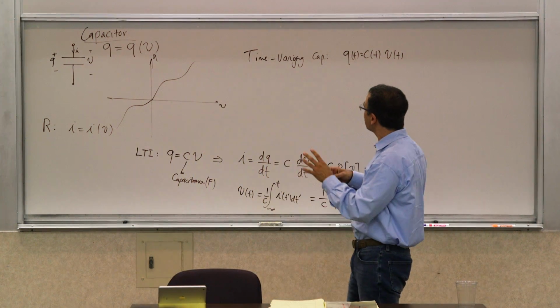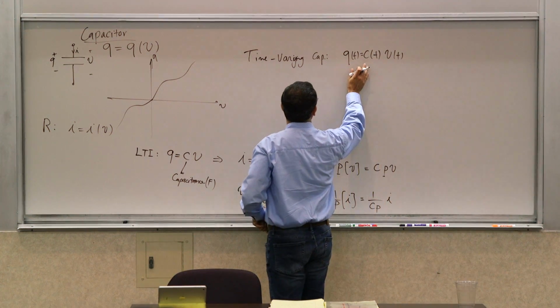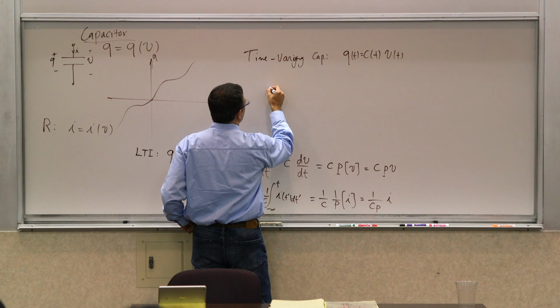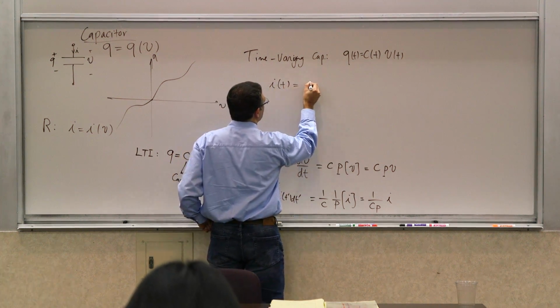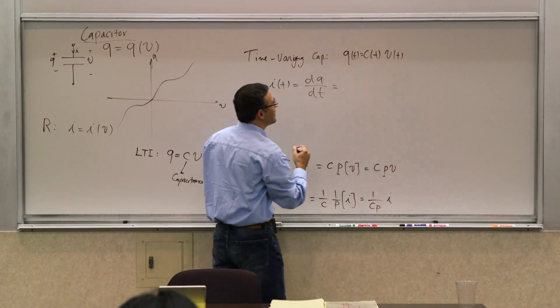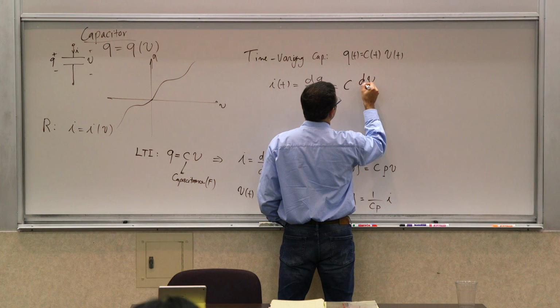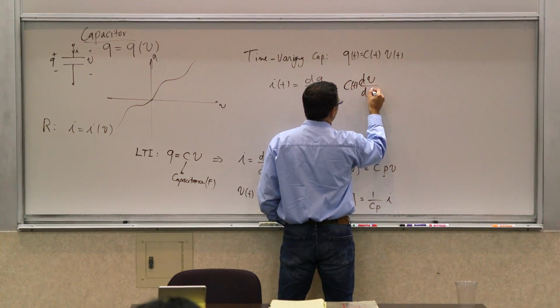All right. So that's for a linear LTI capacitor. But for example, what if you had a time varying capacitor, something like this? What would the current look like? So I of t would again be, by definition, dq dt, right? But now dq dt has two terms. The first term, which is similar to what you had, is C of t dV dt.